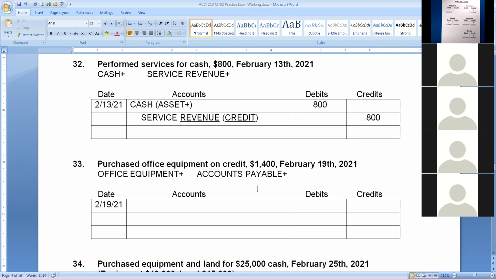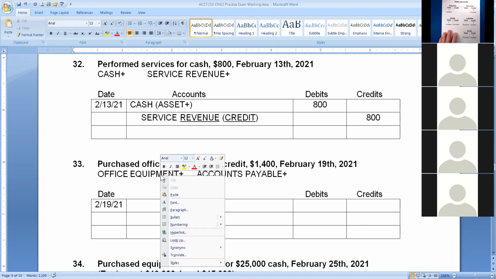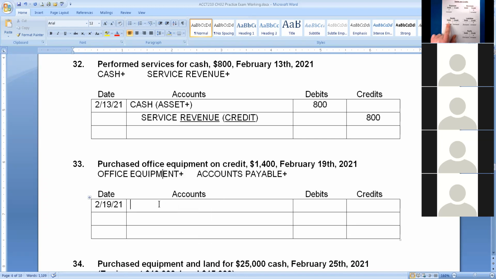Okay. So office equipment going up. Office equipment is an asset. It's increasing with a debit. And again, you just put equipment in. That's fine.